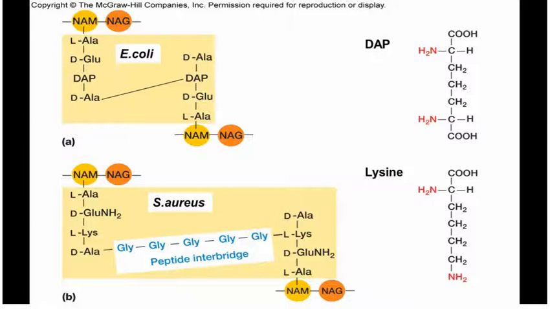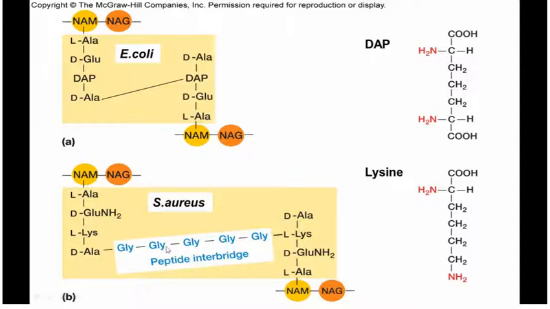The last thing about this is that the type of peptide linkage is not identical between gram-positives and gram-negatives. Most gram-negatives have diaminopimelic acid in position 3, and the cross-peptide link is direct from the D-alanine of one tetrapeptide to the DAP on the other.